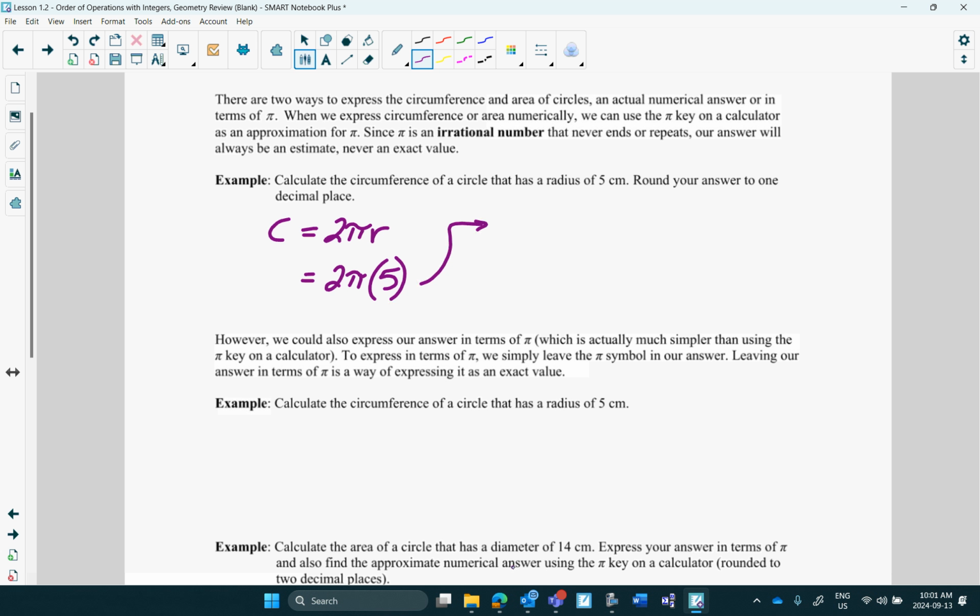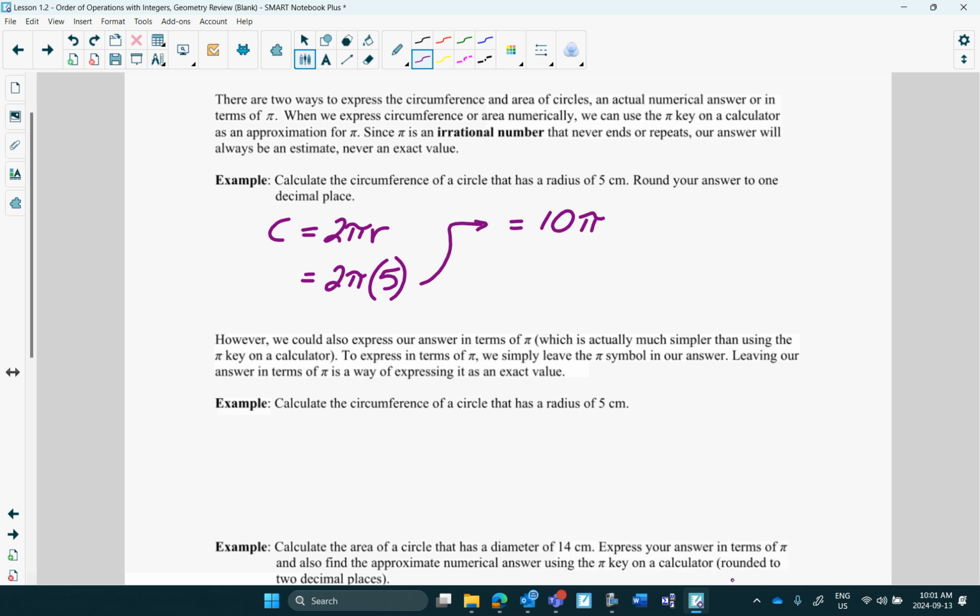Now remember, because everything's getting multiplied, the order that I multiply doesn't matter. So I could reverse this as 2 times 5 times pi. So I could say that this is 10 times pi. I'm going to find my answer by going 10 times pi.